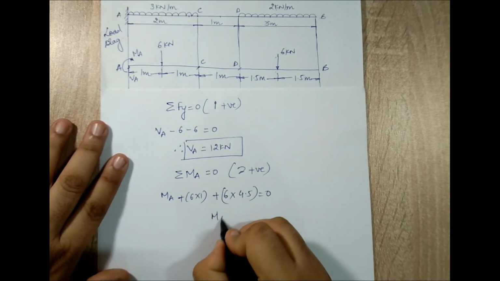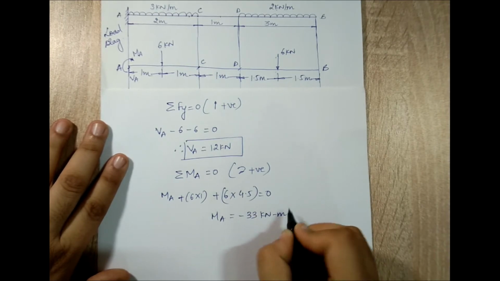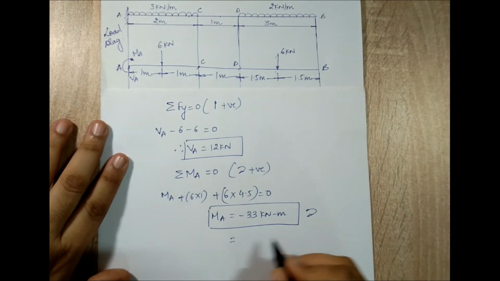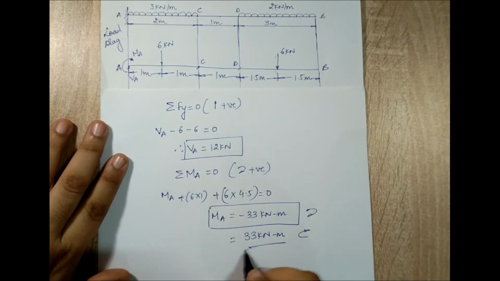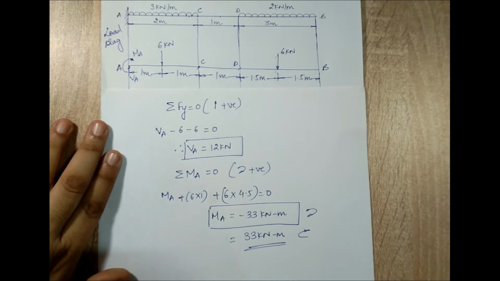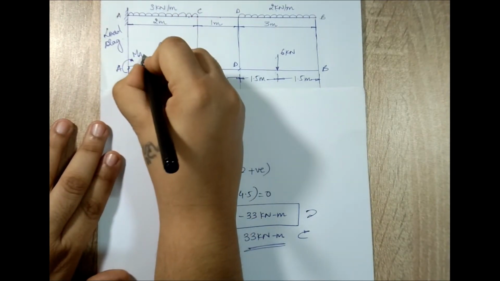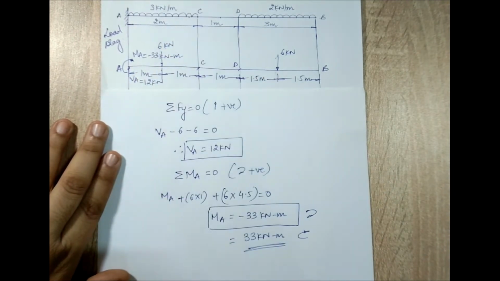I get the value of MA as minus 33 kilonewton meter. This is clockwise. So if I want to write in anti-clockwise direction, I'll write down 33 kilonewton meter anti-clockwise. So these are the values of VA and MA obtained. I'll write down the values in the diagram. 12 kilonewton and MA is minus 33 kilonewton meter.